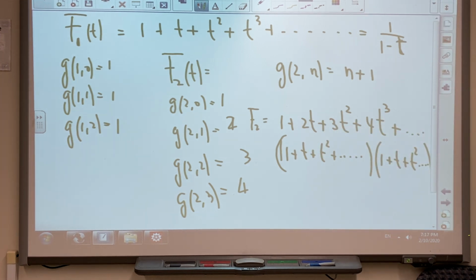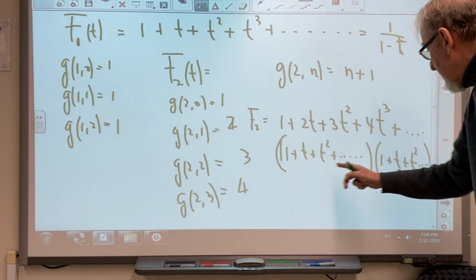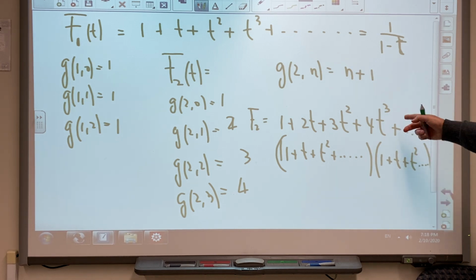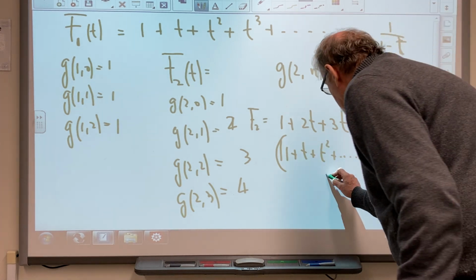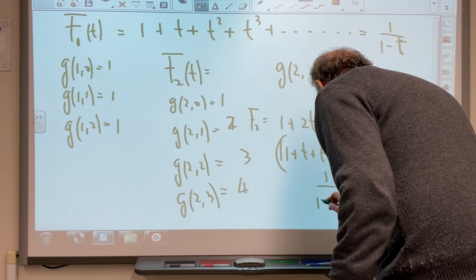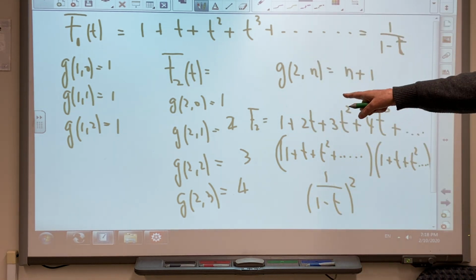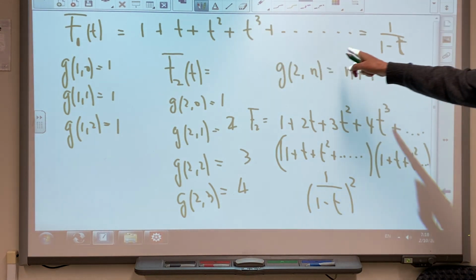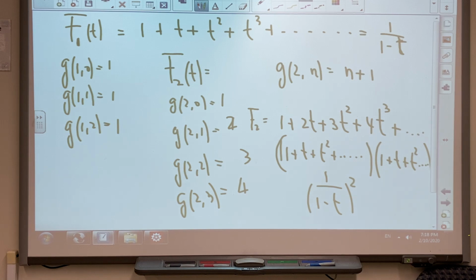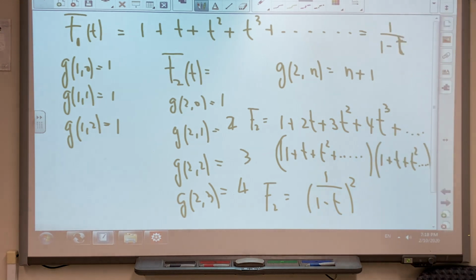For t squared, you will get 3 terms: t squared times 1, t times t, or 1 times t squared. And t cubed you will get in 4 ways, and so on. So just multiplying these two things, which is 1 over 1 minus t to the power 2, gives me my f of 2. So f sub 1 was 1 over 1 minus t. F sub 2 is 1 over 1 minus t squared.